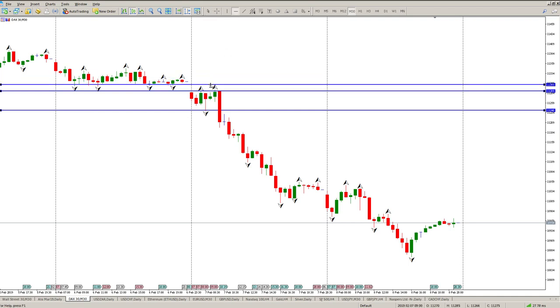If I put a line there, you'll see that first line of the previous day, I've broken down below it, and I'm coming to test the break, and I fail, and I shoot below this fractal, and the trend continues for the day. So it's a series of continual lower lows. I just take the fractals into account. Lower low, lower low, lower low.